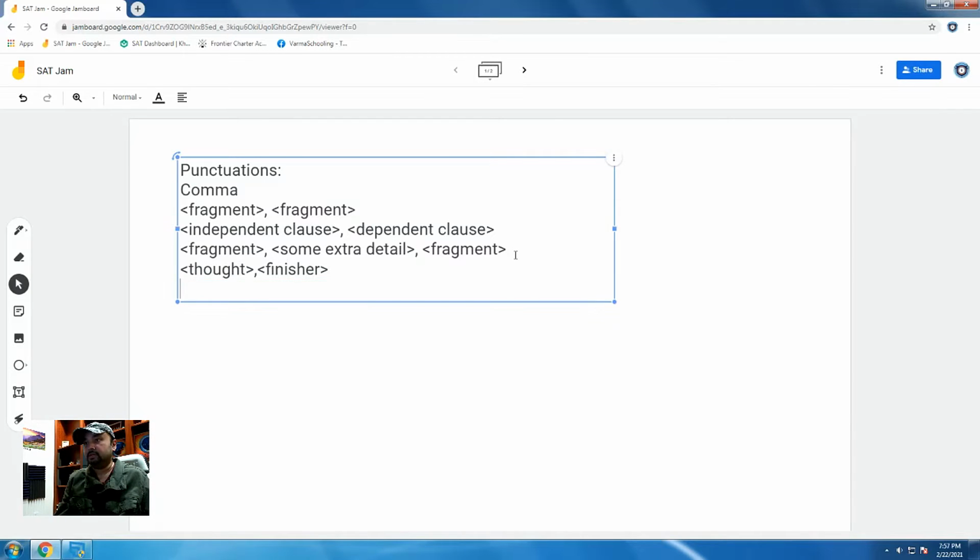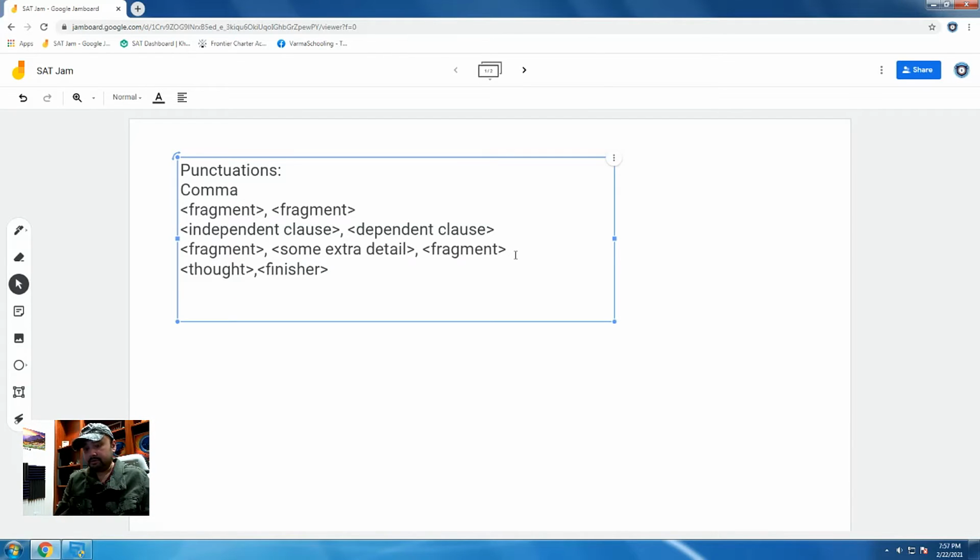A fragment is an incomplete sentence, like when the clock ticks 5 o'clock. Okay, so that's a fragment. Something that lacks the subject-verb agreement or a complete structure. It's kind of intuitive. If you read a fragment, it's just going to be like a broken sentence, and then there's a finisher.